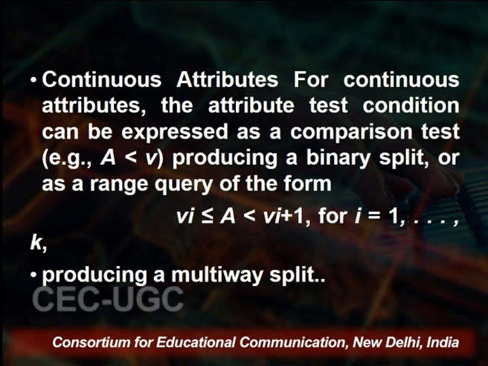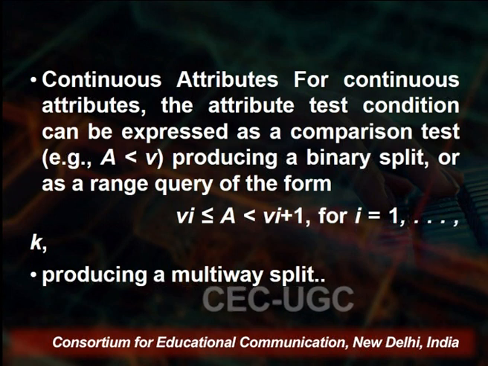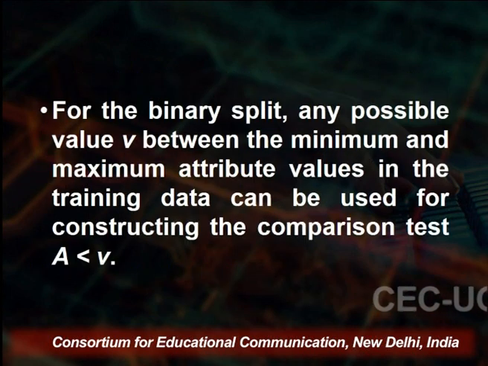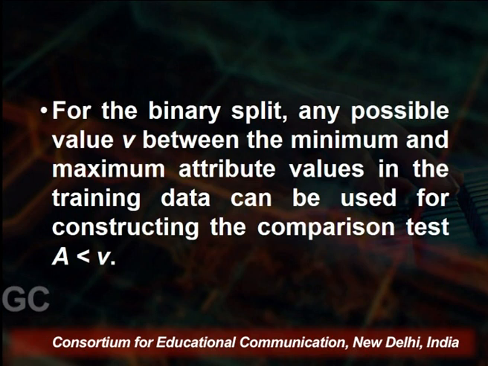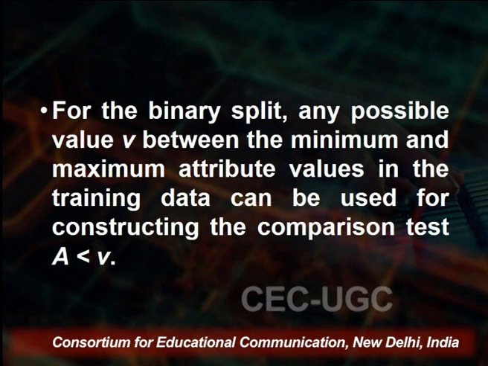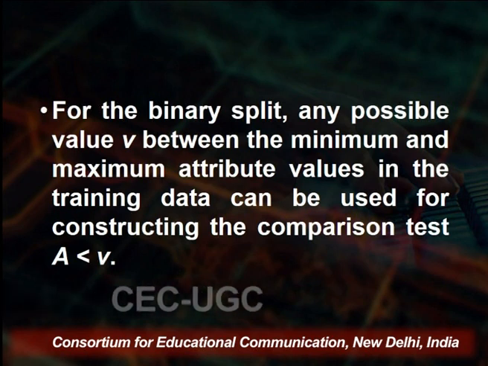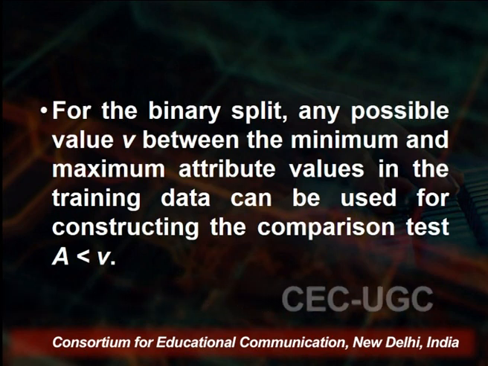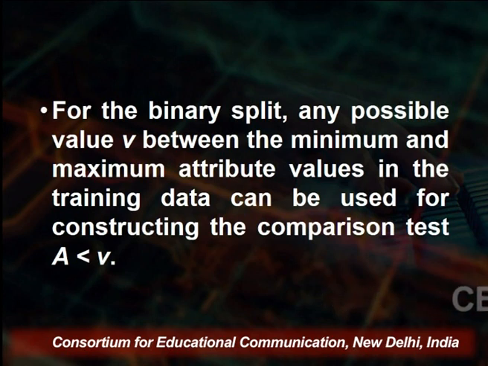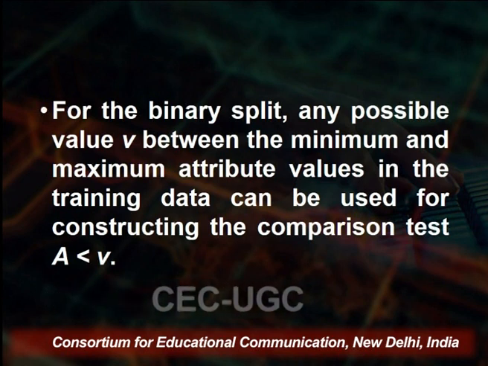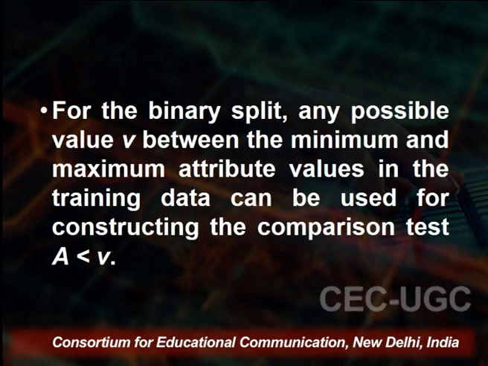Now again in continuous attributes also we can have multi-way split as well as binary split. So for binary split it is rather simpler. What we will do is we will find out the value which is between the minimum and the maximum value of the attribute, right. So for example, if you have a value between 1 and 100, so your minimum is 1, your maximum is 100, so you will have a median value, say you will have 50, okay. So that value will be used for splitting the data into two binary classes, okay.